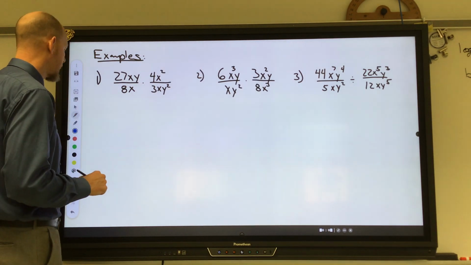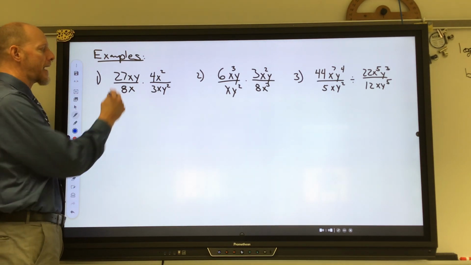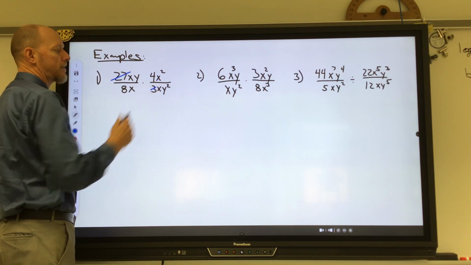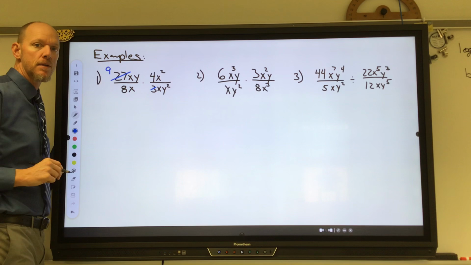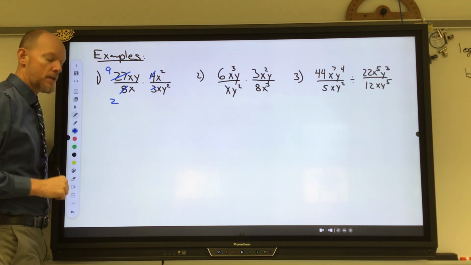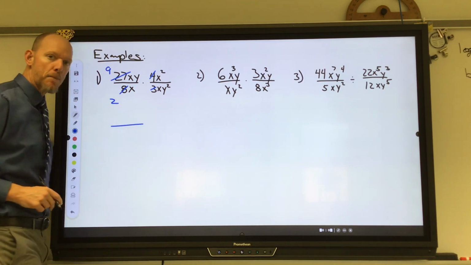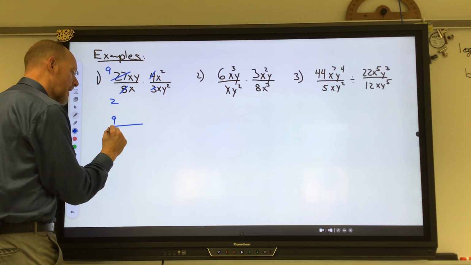If I look at this first example, what's jumping out at me right off the bat is the big 27 and that 3 right there. 3 goes into 27 9 times. And I like the fact that 4 goes evenly into 8 2 times. So I know right off the bat, my final product is going to have a 9 halves.